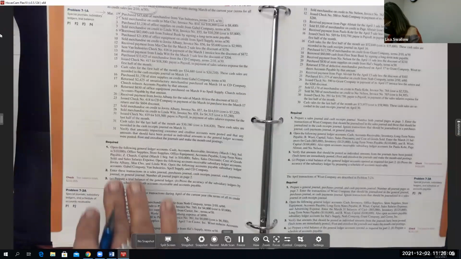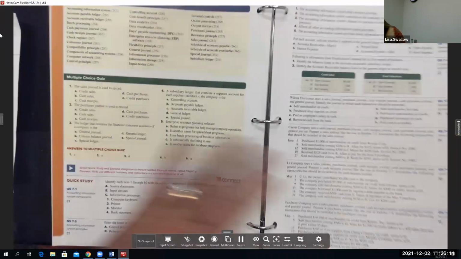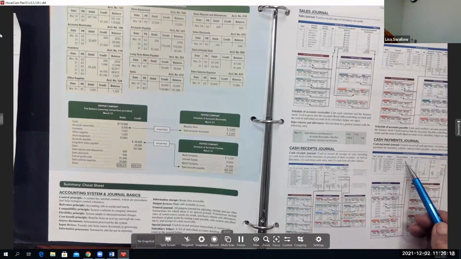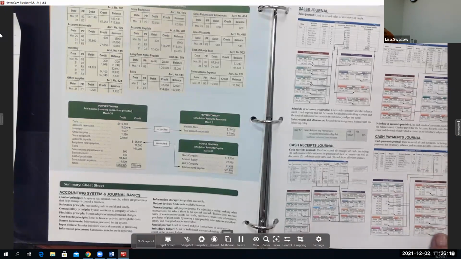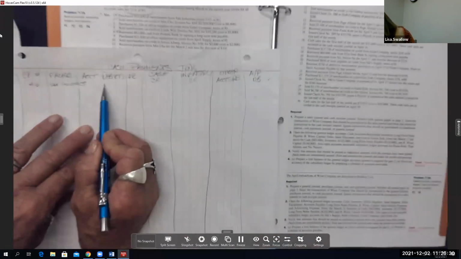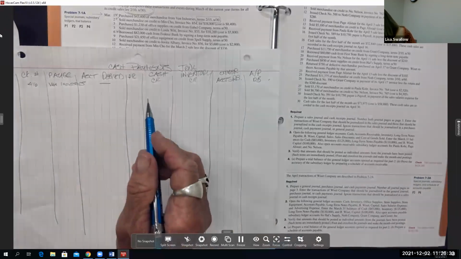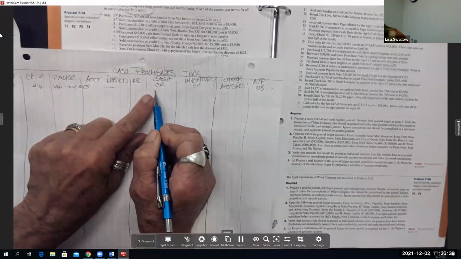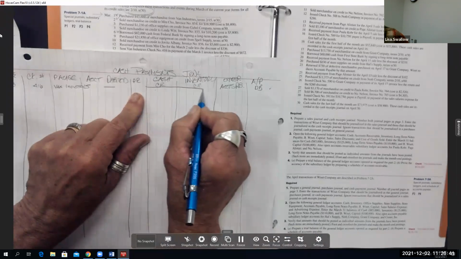I'm going to have to look up what they want in that other column. Cash payments. Account debited. I don't think I necessarily need anything in here. I think this is one and the same. Okay, how much cash am I paying? And how much AP?